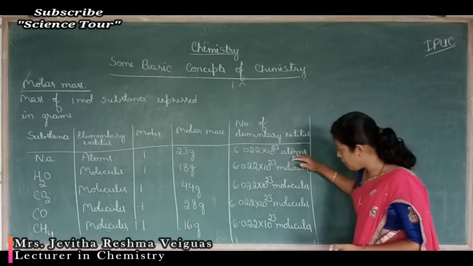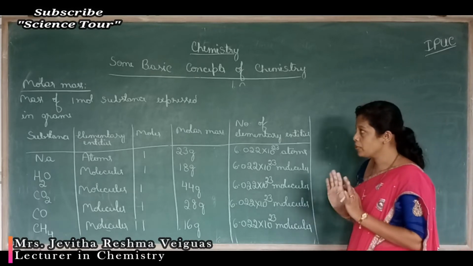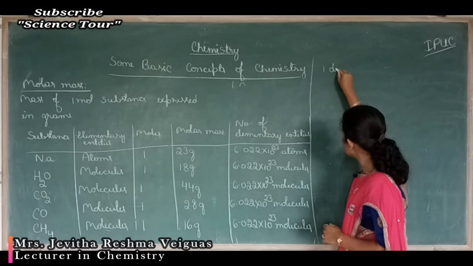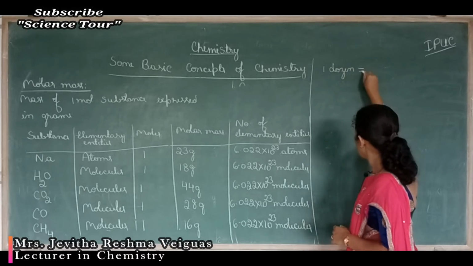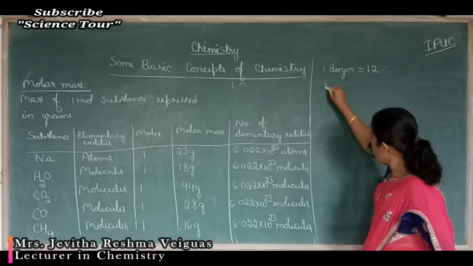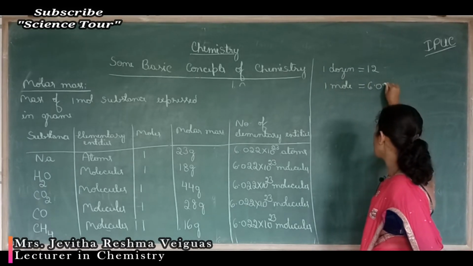Elementary entities can be atoms, molecules or ions. So students, remember, you all know 1 dozen means 12. Very similarly, 1 mole always means the Avogadro number.